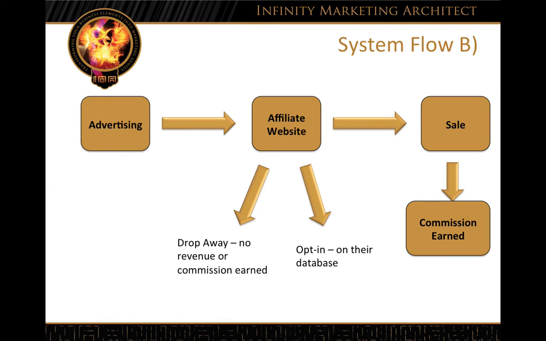If someone opts in, then they end up on that company's database, not yours, the parent company, whatever your affiliate program is. So for example, if you are an affiliate for Roger J. Hamilton's Entrepreneurs Institute, and you go with this system, the flow would be you've got your ad, maybe it's promoting his wealth profile test.